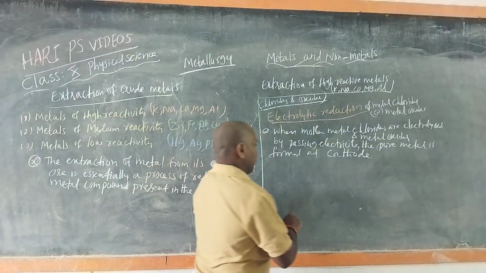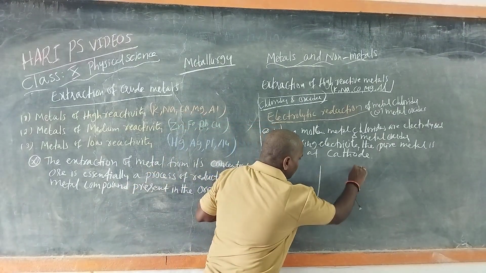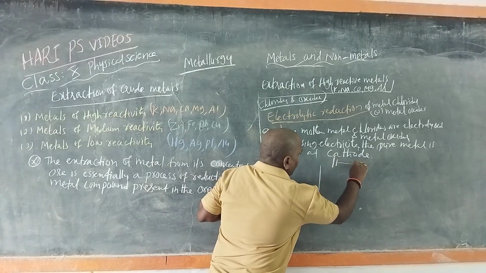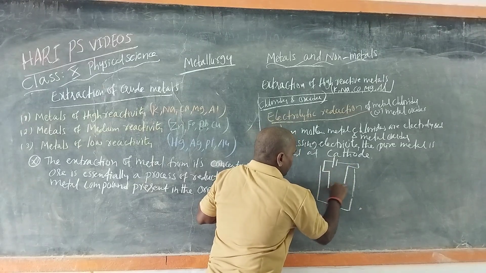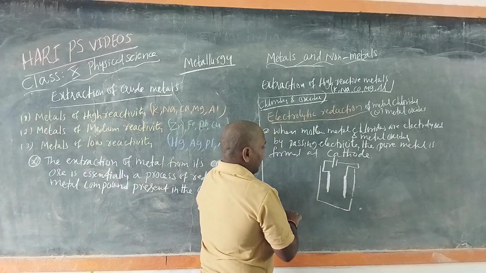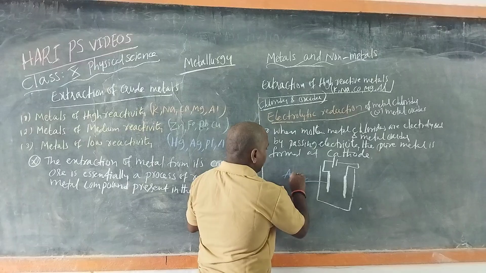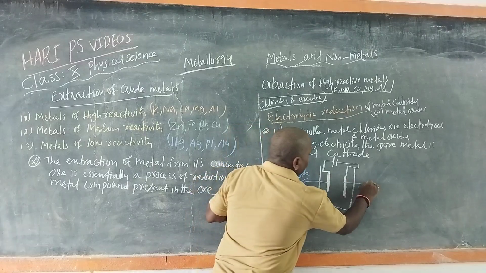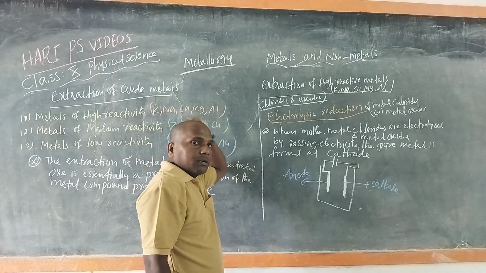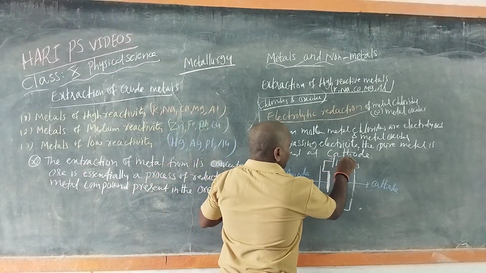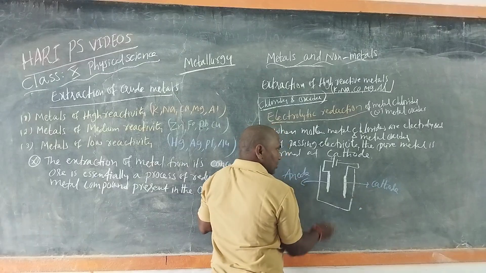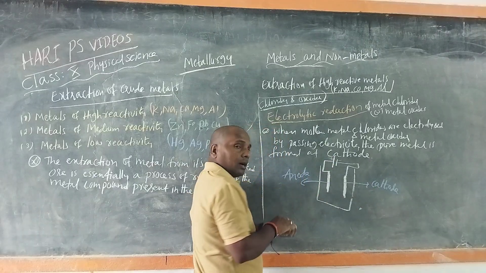For example, in a simple circuit diagram like this, this is one electrode and this is another electrode; this is called the anode and this is called the cathode. So plus, minus: the electrode connected to the negative terminal is called the cathode, and the one connected to the positive terminal is called the anode.